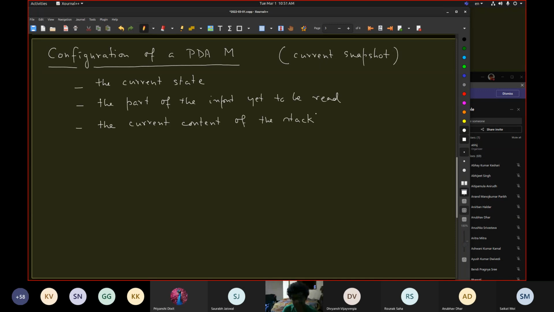Of course, the machine has reached this configuration depending upon its history. But how the machine will behave in future can be completely determined by these three things only. Agree or not? Current state, whatever part of the input is not yet read, and whatever the stack currently contains.